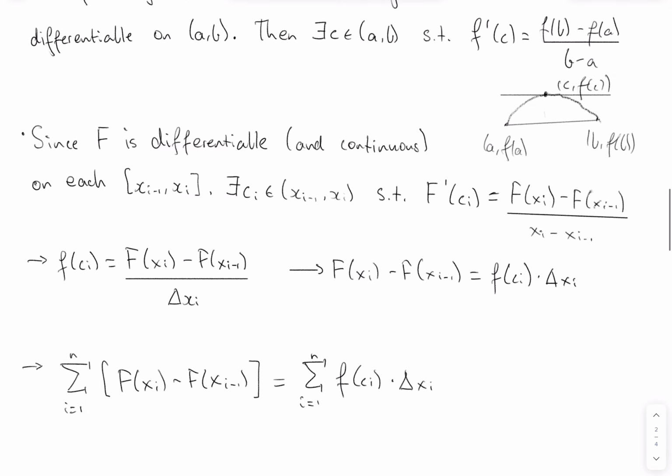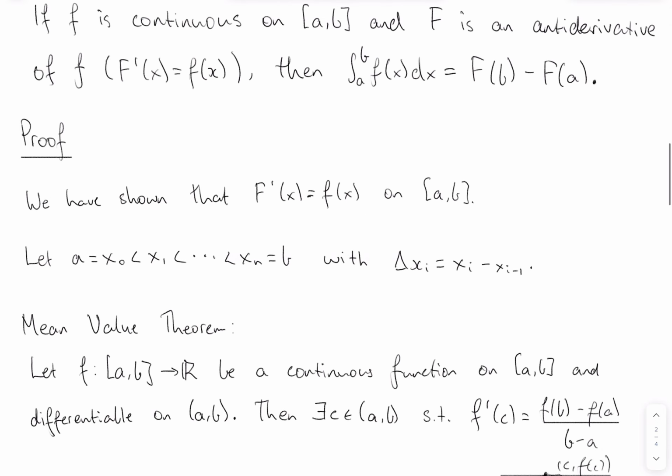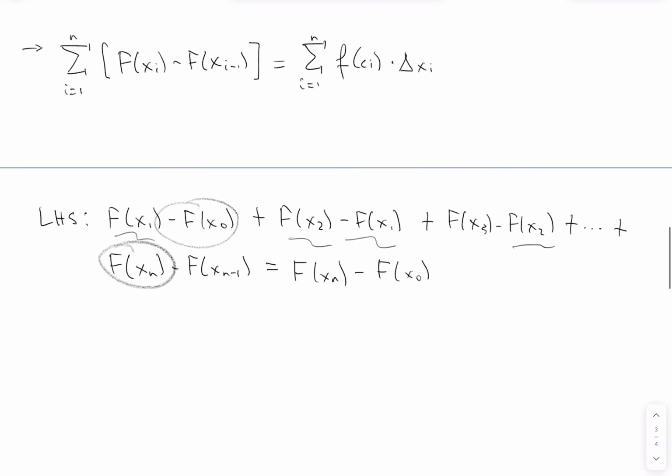And remember from earlier how we've set up our partition. x0 was just a, xn was just b. Okay. So this appears in the fundamental theorem. So it's a sign that we're almost there.